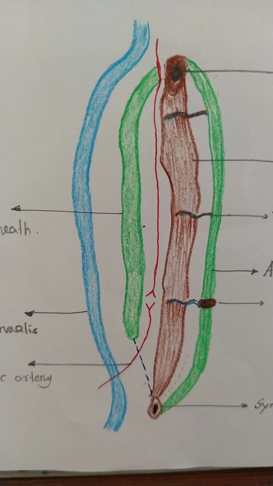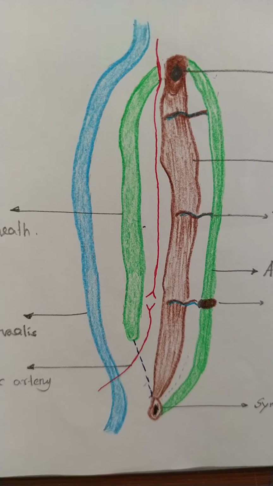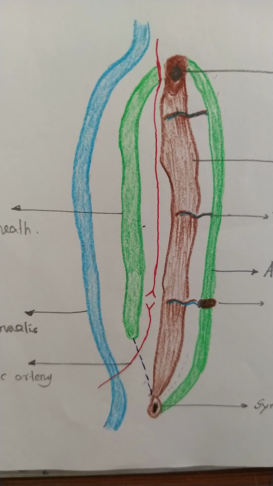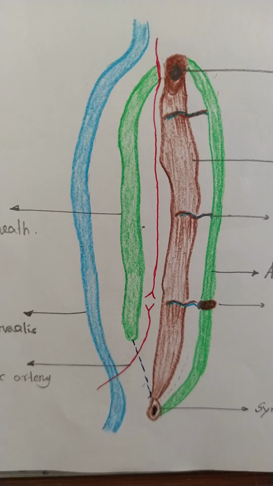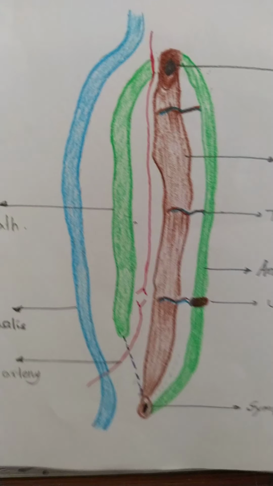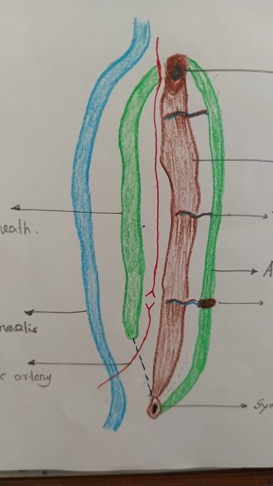I told you that the inferior epigastric artery is connected with the superior epigastric artery, but there is another artery called the superficial epigastric artery. Then a student asked me, sir, where is it present? We are confusing superior and superficial.